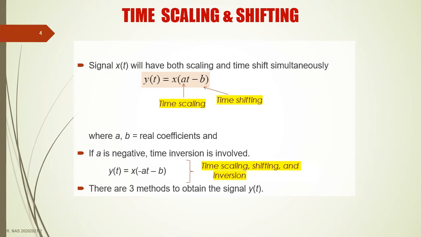Okay, so what will happen in time-based operation if you have more than one operation? First, look at the given equation. You may notice that there are additional variables inside the bracket. So that's time scaling and also time shifting. Remember the basic equation for time shifting, you should consider negative in the middle. There are three methods to solve when you have more than one operation.